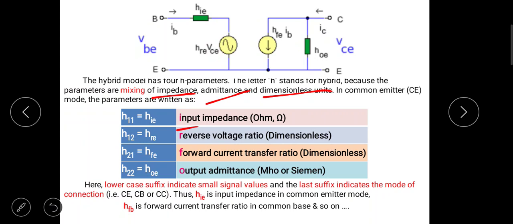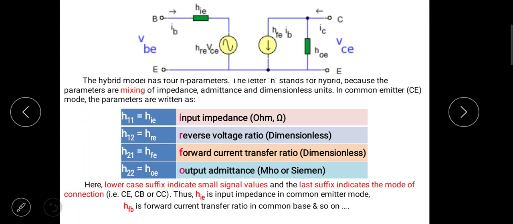Similarly, if we come to the second row, it is indicated as H12 equals HRE. Here H indicates hybrid parameter, R indicates reverse voltage ratio, and E indicates common emitter mode. One more thing: the reverse voltage ratio, because it is a ratio of two voltages, is dimensionless.